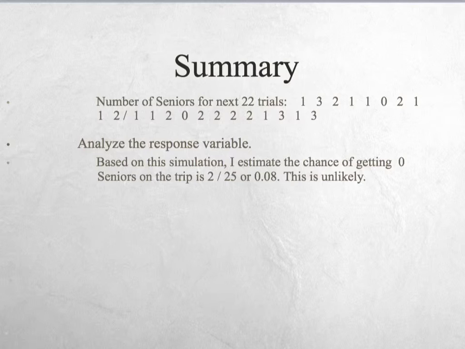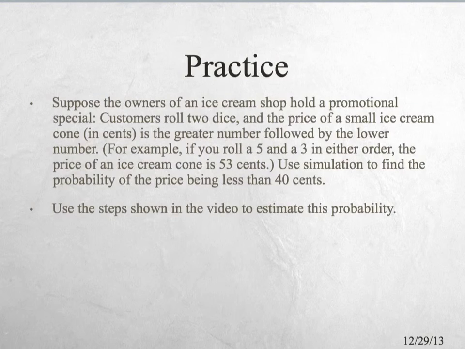Then you can summarize it the way I've done here. Now, out of the 25, I only had 2, this one here and this one here, where there were no seniors. So that's 2 out of 25, and that's 0.08 or 8%. So this is unlikely to happen by chance. So the seniors have a right to be irate based on this simulation.